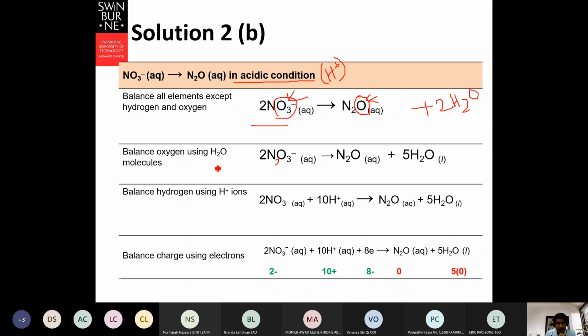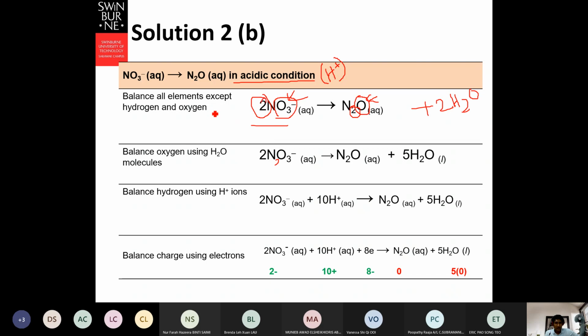Now this nitrate ion is not only producing 2 oxygen, because in N2O on the product side we see they have changed in arrangement, and here there are 2 nitrogen. That means we have to have 2 nitrogen on the reactant side as well.